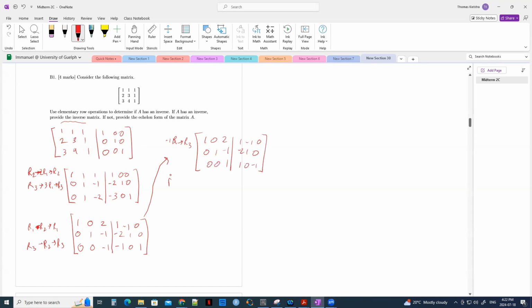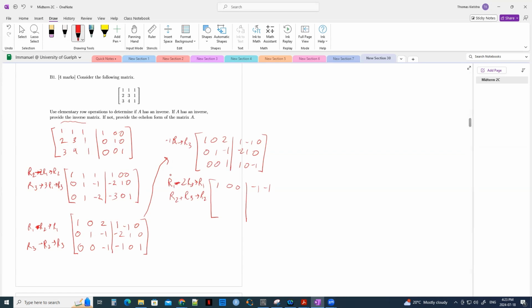And now row 1 plus minus 2 row 3 replaces row 1, and row 2 plus row 3 replaces row 2 to give 1, 0, 0, minus 1, minus 1.